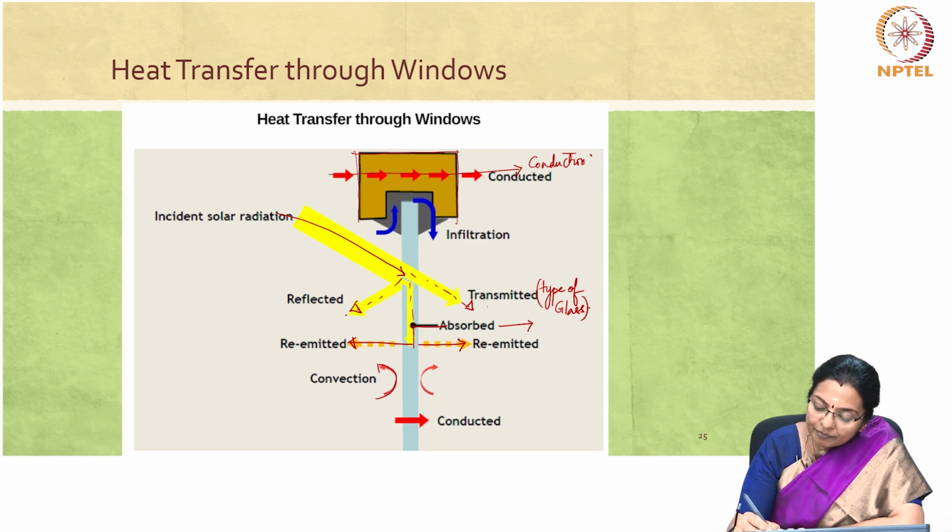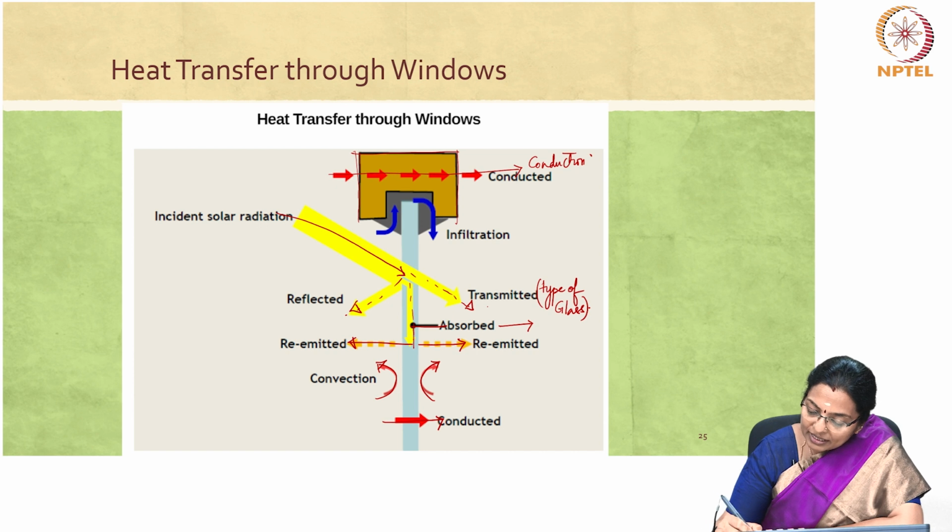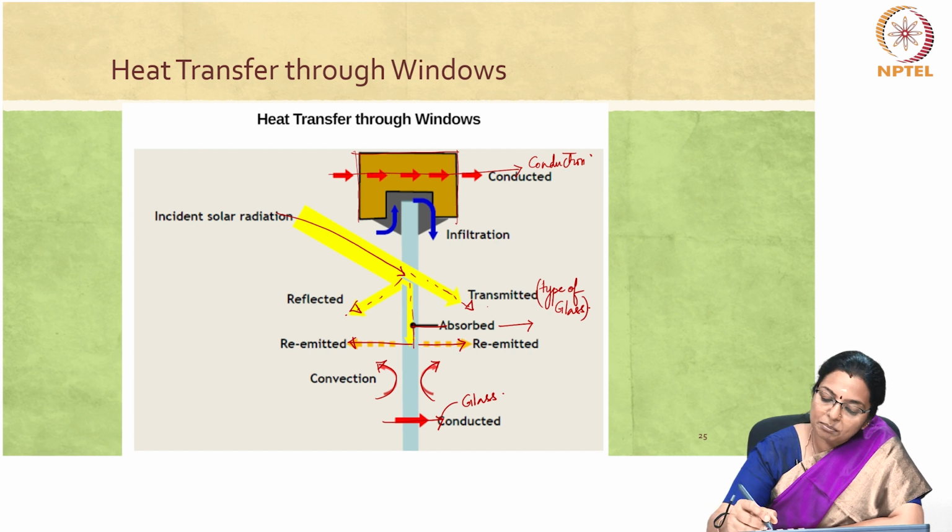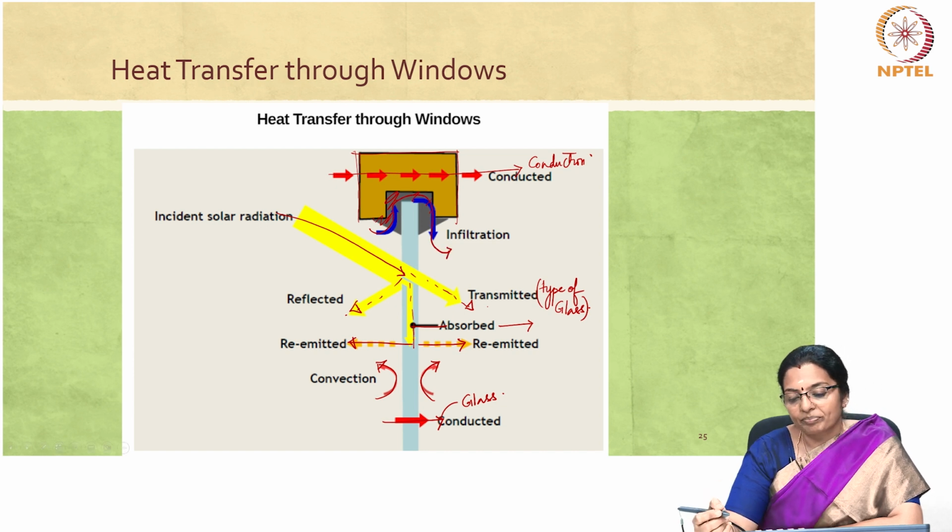Also, there is convection heat transfer happening, and there is conduction by the glass itself. So, heat gets conducted by the glass. Besides this, if the gaps are not well sealed, then there can be infiltration heat gain.